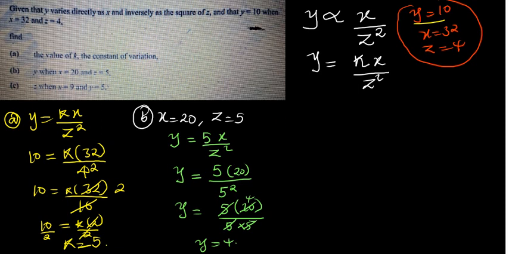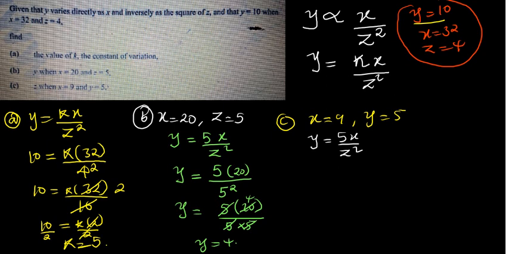And then for part C, we want to find the value for z, and they've given us that x is 9 and y is 5. So again, we're going to write the equation. The equation is y is equal to 5x divided by z squared.